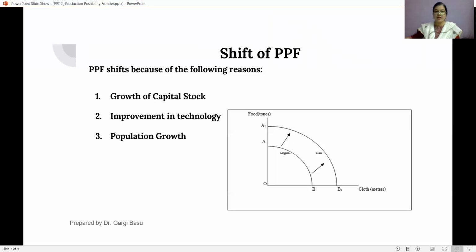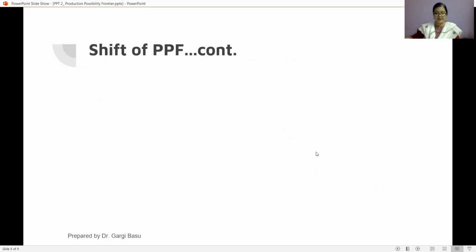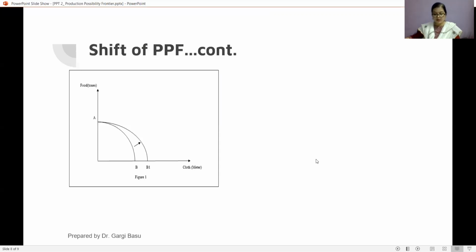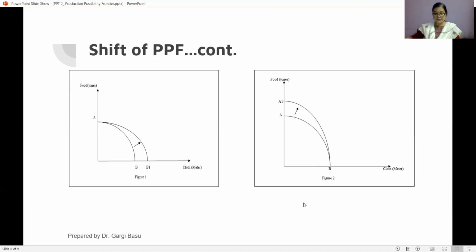If growth of capital stock or technology improves in both of these commodities, that is food and cloth, then the PPC or PPF will shift parallelly as in this diagram. However, if only the technology of a particular industry or particular commodity improves, but the technology for the other commodity remains the same, then the curve will not shift, it will rotate.